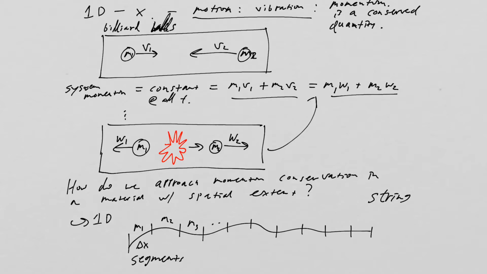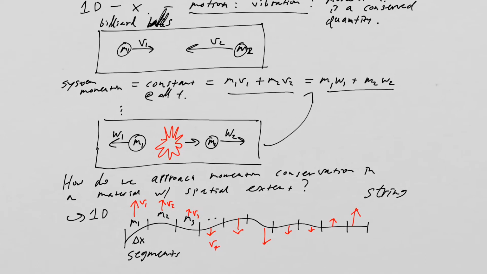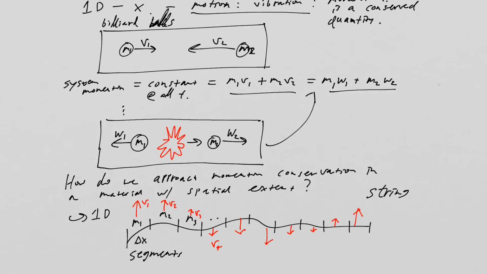And then we can ask ourselves, if there's motion in this object, let's say that there's some velocity 1, and some velocity 2, a velocity 3, and then a velocity 4, and so on and so forth. Like that.